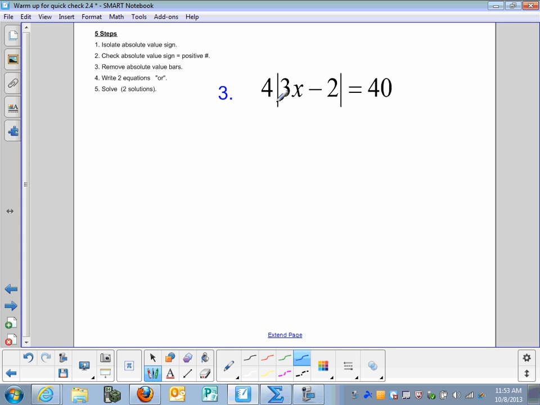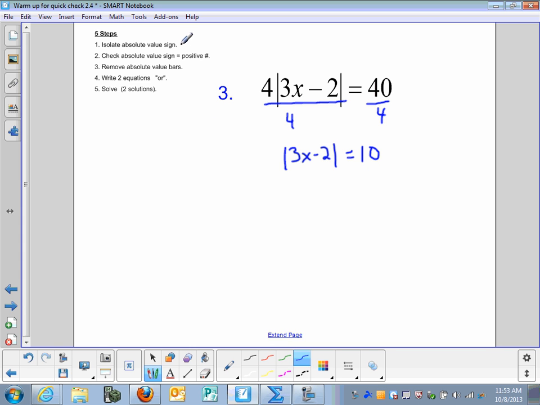This is not a parentheses. We are not going to distribute. We don't distribute with the absolute value sign. We're going to divide each side by 4. The absolute value of 3x minus 2 is equal to 10.